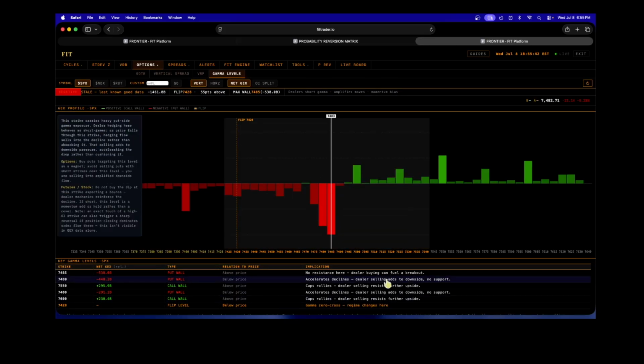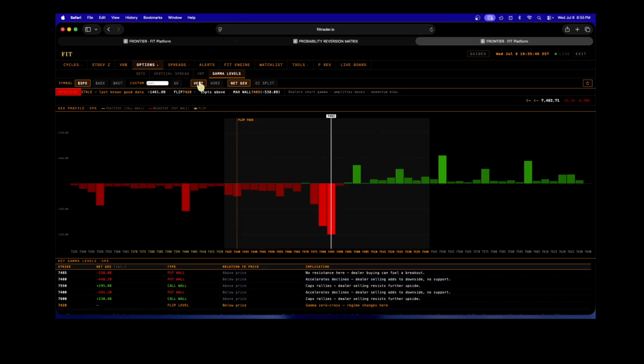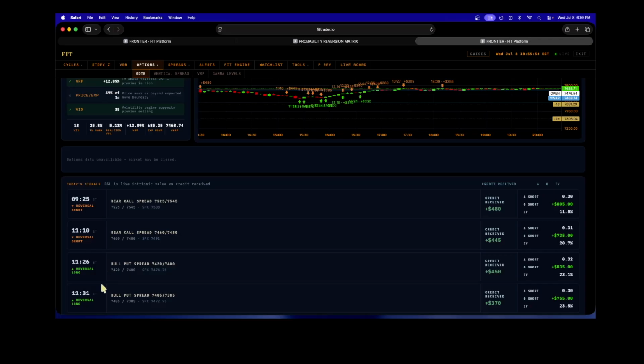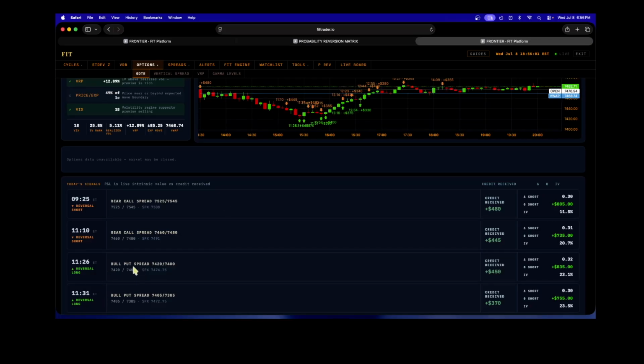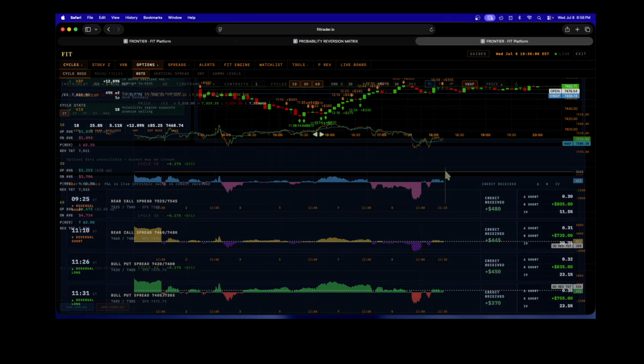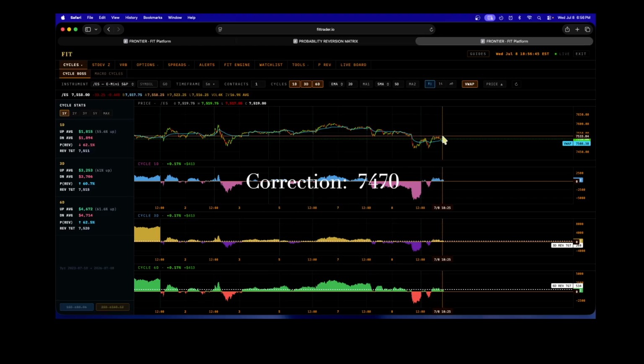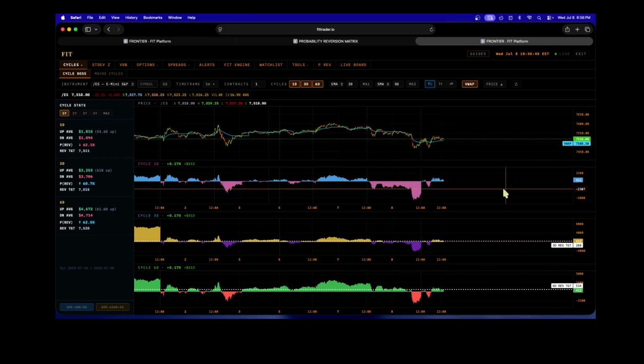You'd have got the implication that we're about to reverse and go long. So 1126 and again 1131, it said, I'm sorry, actually short a bull put spread, but it's a bullish position. So we reversed from 75.70 all the way up to 75.33. All right, so 60-point reversal, beautiful move.